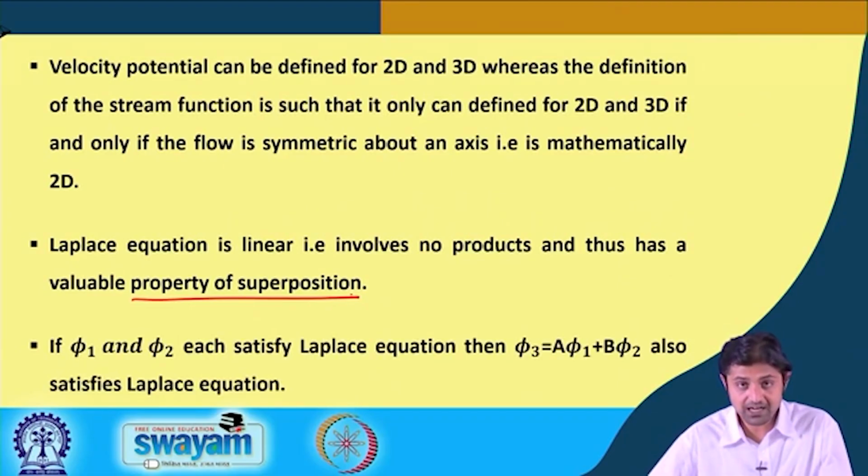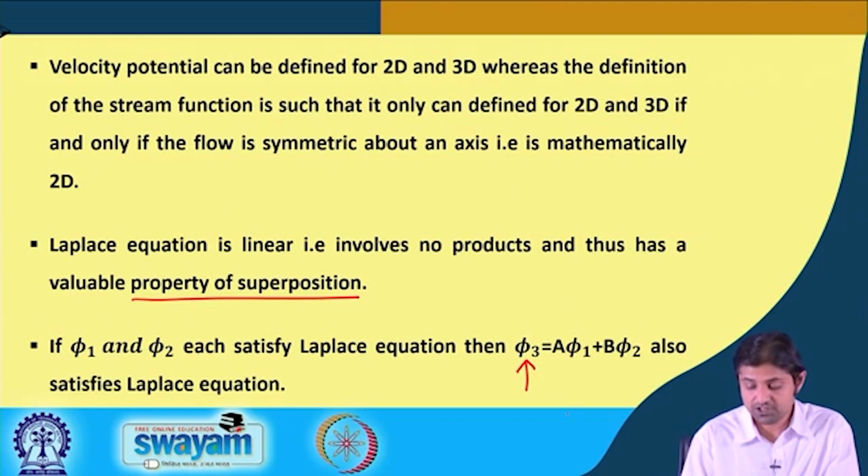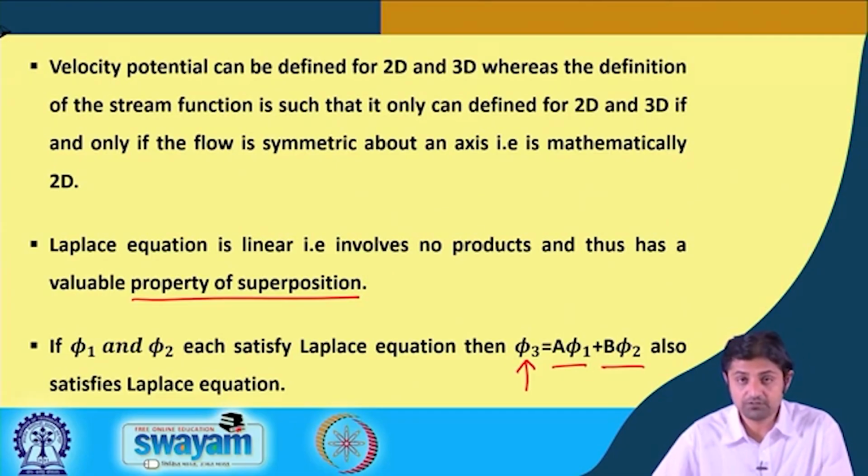If phi 1 and phi 2 are velocity potentials and each of them satisfies the Laplace equation, then we can define another velocity potential phi 3, a combination of phi 1 and phi 2, that is a phi 1 plus b phi 2, which will also satisfy the Laplace equation.